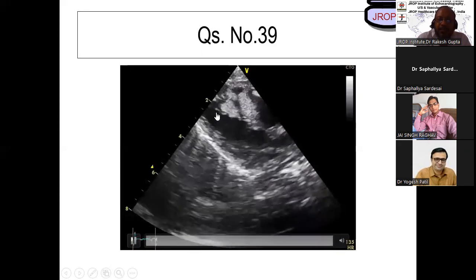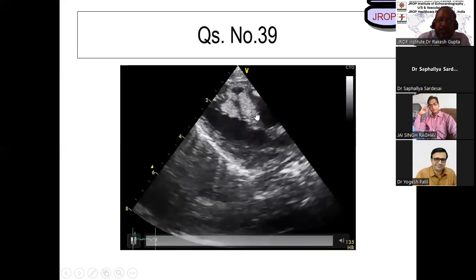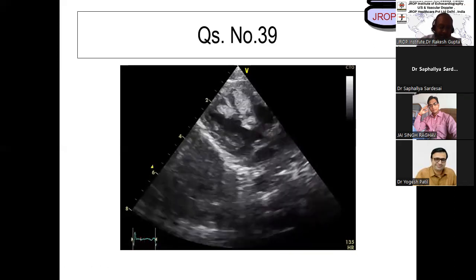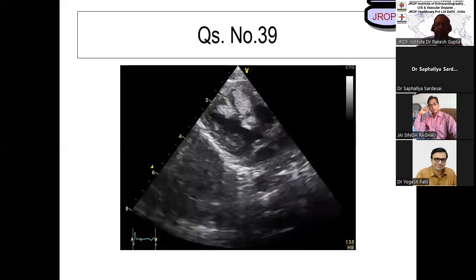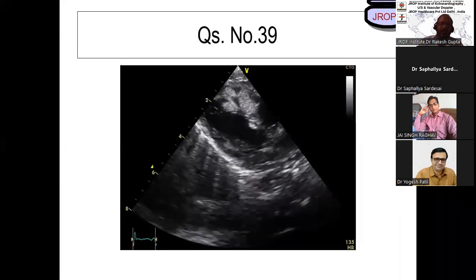Here is the interventricular septum. Look clearly at the interventricular septum over here. You see multiple masses in RV. Which newborn condition is there when we see multiple masses in RV? Anybody can raise their hands. It is a spontaneously regressing condition. I'll give you a hint.